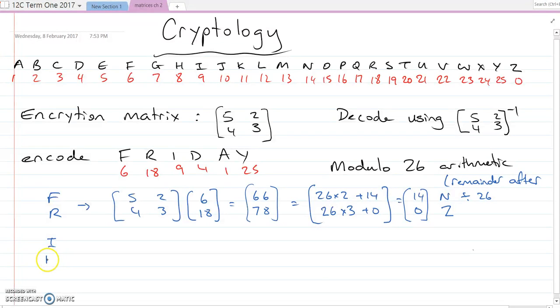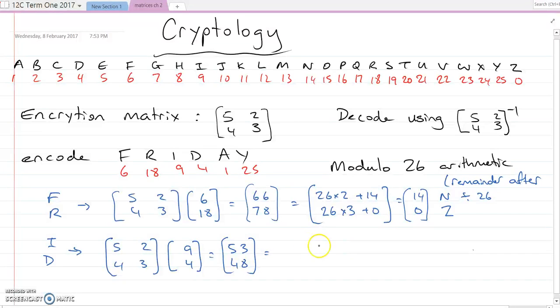ID is the next one. We'll encode that with the same matrix. 9, 4: we've got 5 times 9 is 45, and 2 times 4 is 8, so we've got 53. 4 times 9 is 36, and 3 times 4 is 12, so we get 48.